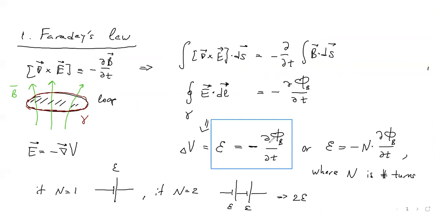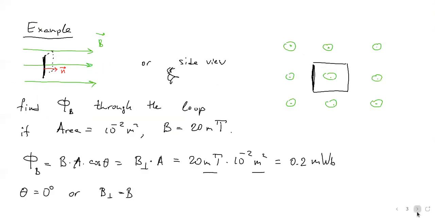If you can somehow change this flux in time, you will generate an electric field and EMF, electromotive force, or difference in potential. How exactly can you change the number of lines? How exactly can you change the flux?